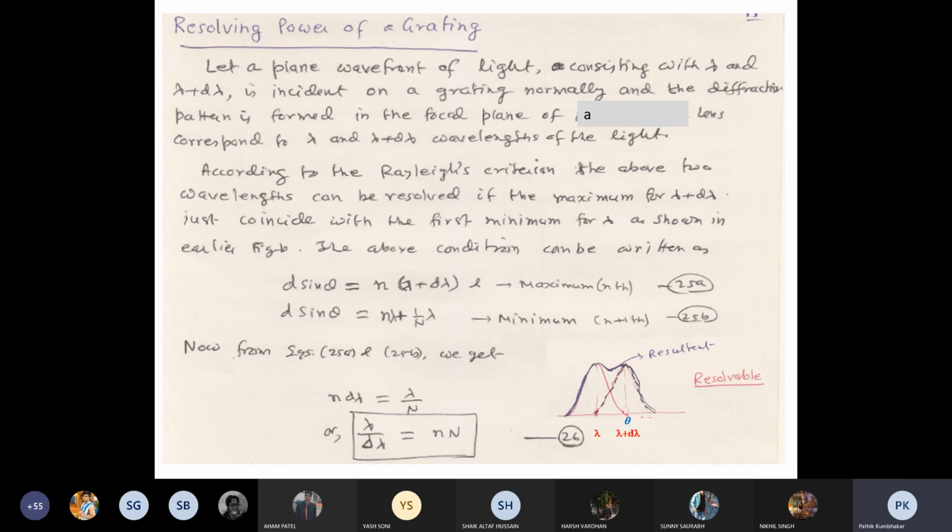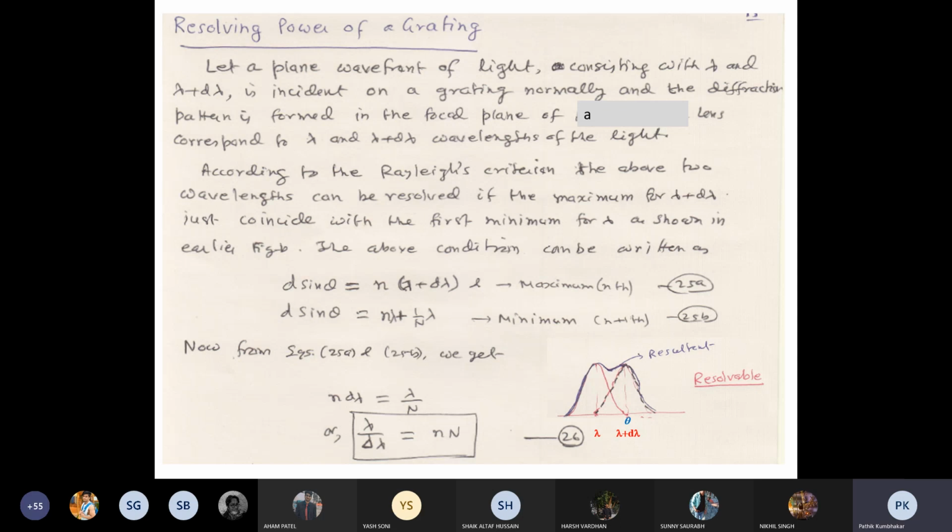Now according to Rayleigh's criterion, these two wavelengths can be resolved if the maximum for lambda plus d lambda just coincides with the first minimum for lambda, as shown in the earlier figure which I have reproduced here.